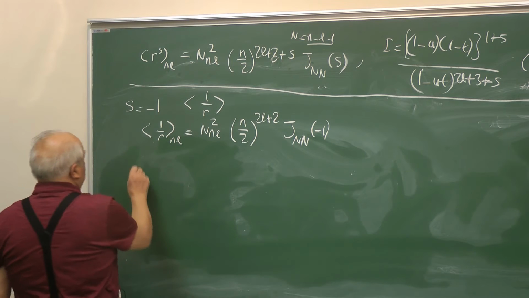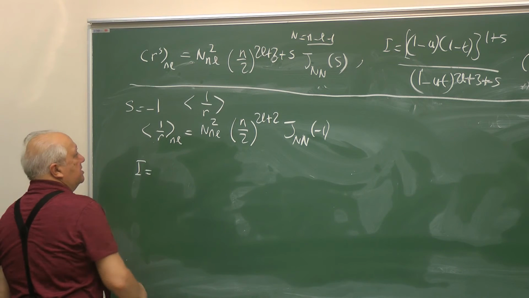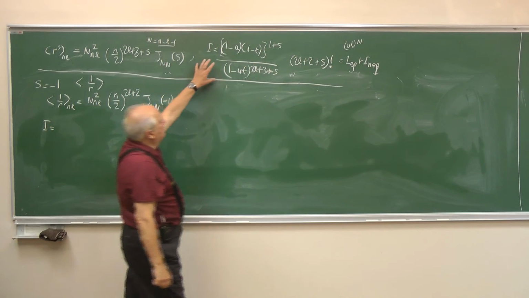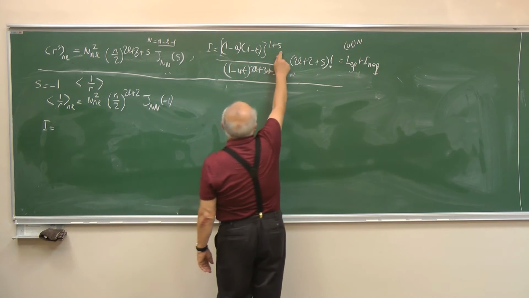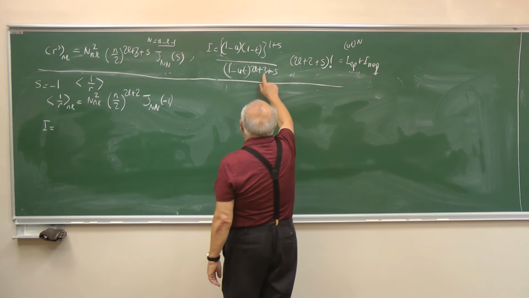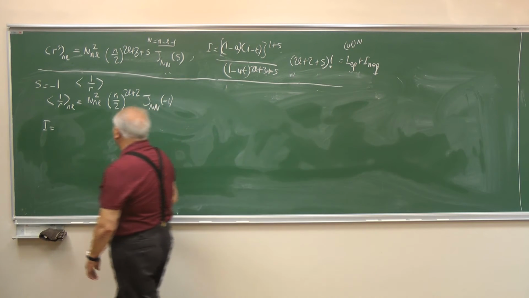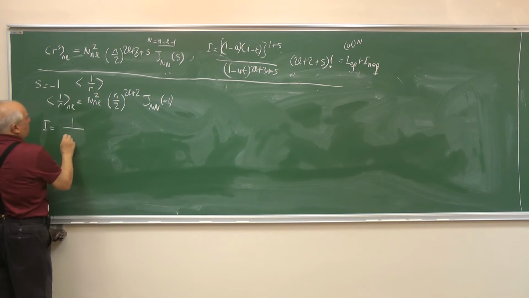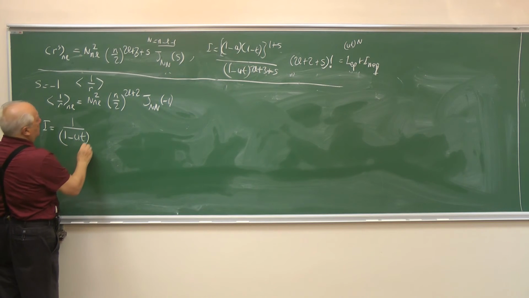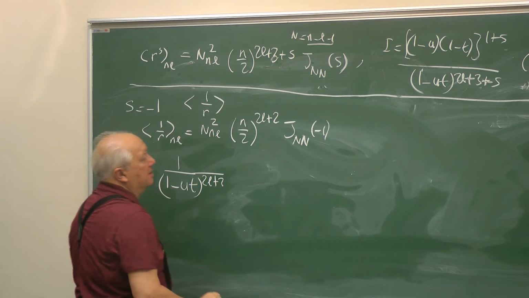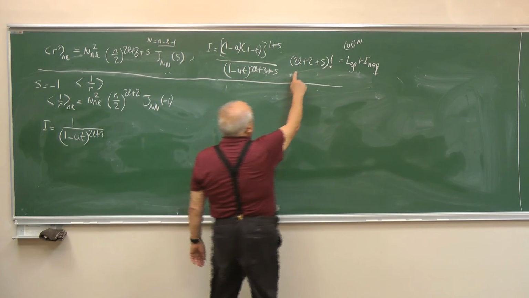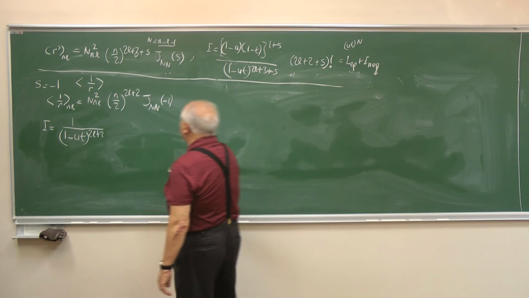All right, we will extract J from this integral. Here we put s minus 1, so this term goes. This is 2l plus 2, so it is 1 over (1 minus ut) to the power 2l plus 2, times (2l plus 1) factorial.